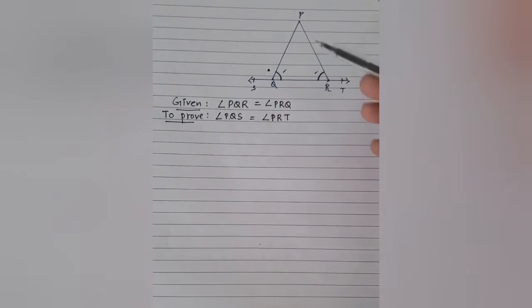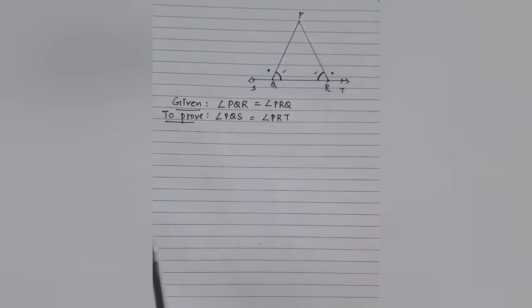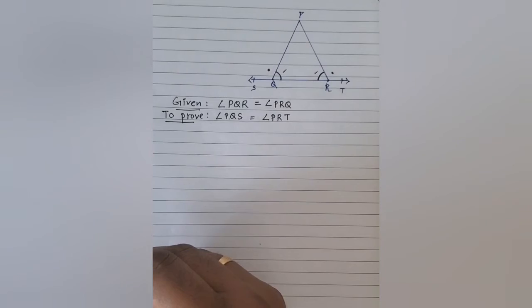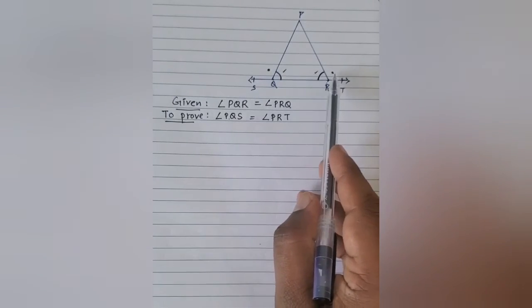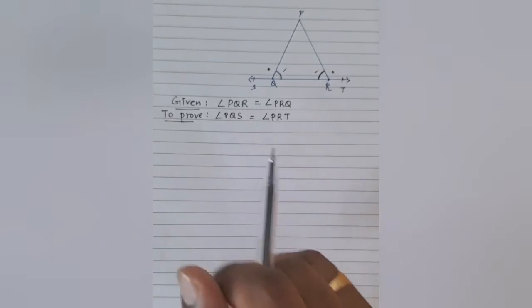Where is angle PRT? This angle. So we have to bring these two angles into the picture, and they should be equal to one another. Now, with all the discussion that we had, we realize that these 4 angles have to be brought into play in this particular question.